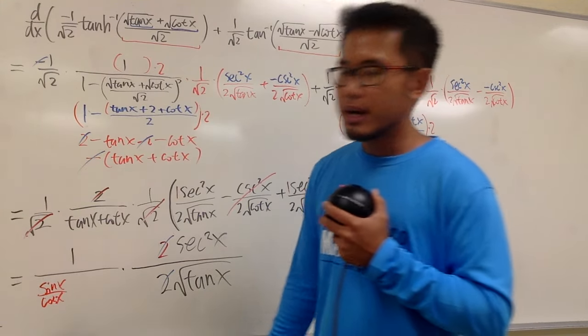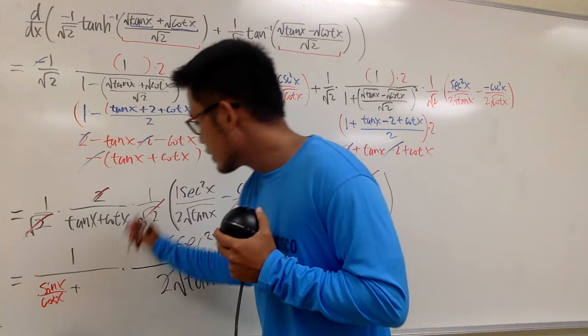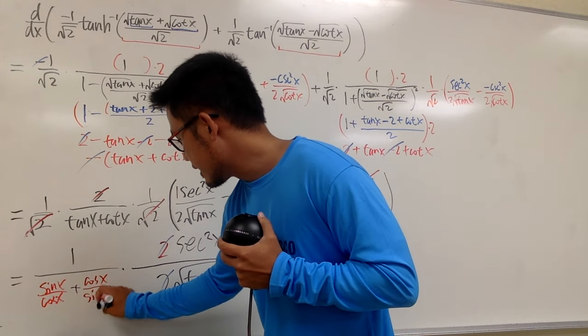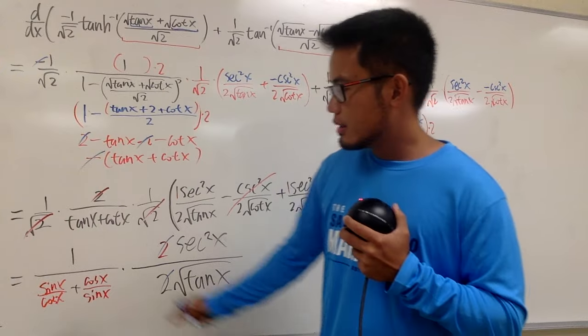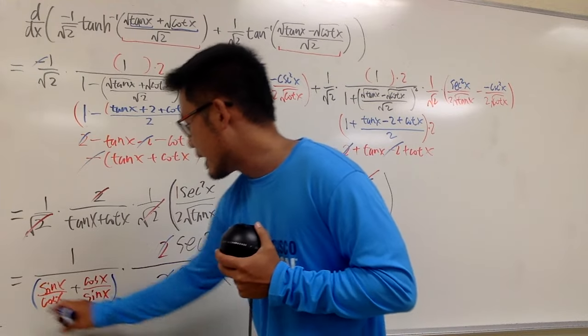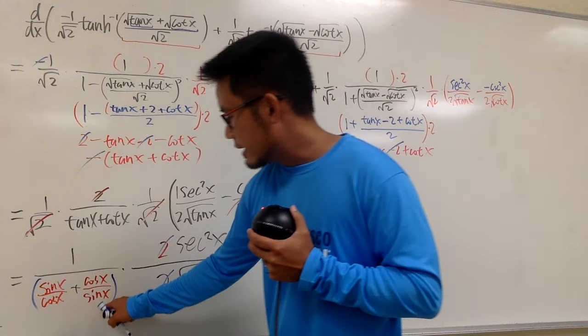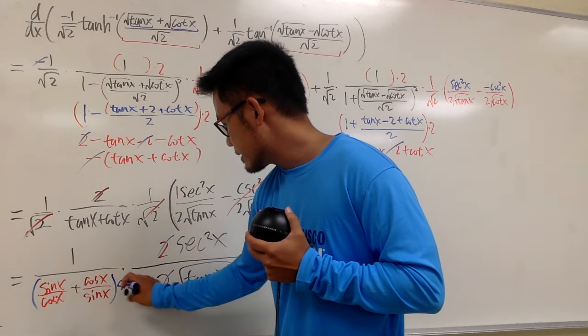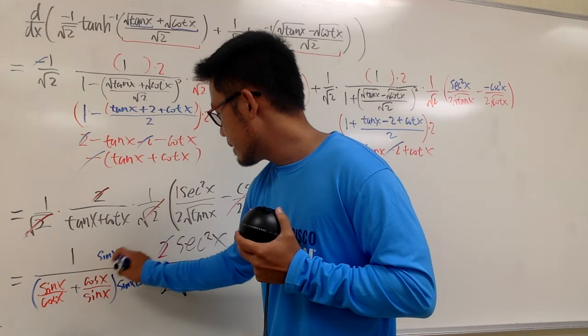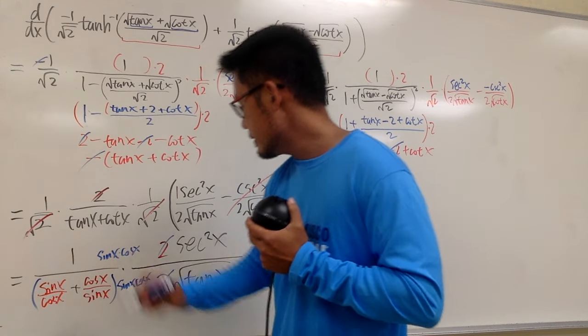I can totally do that, right? And then I'll be adding this with cotangent x, which is the same as cosine x over sine x. And now what? Complex fraction, we do it the usual way. Multiply the top and bottom by sine x times cosine x. Let me just put it down here. Sine x, cosine x, top and bottom, right?